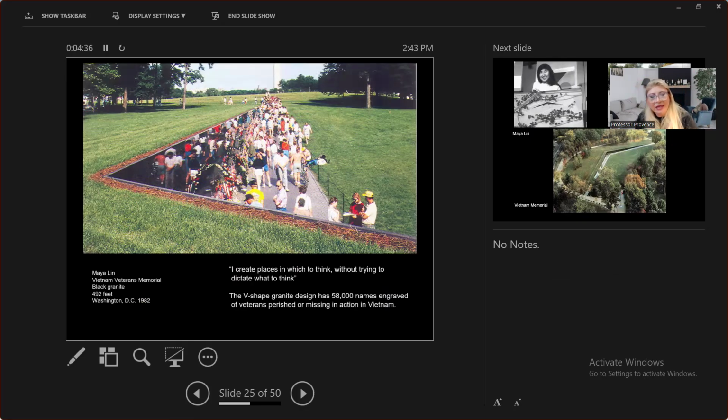So Maya Lin, she has created the Vietnam Veterans Memorial there in Washington, D.C. in 1982. I was fortunate enough, I went this past April to Washington and saw it in person, and it was absolutely incredible.